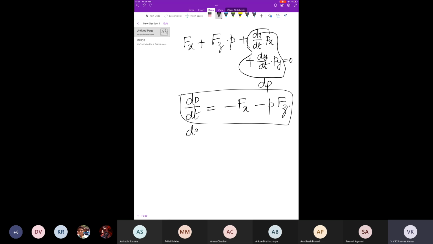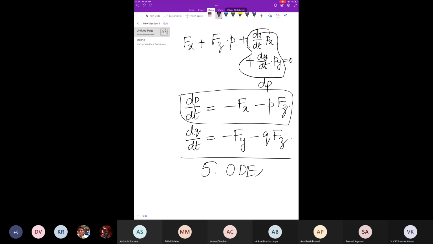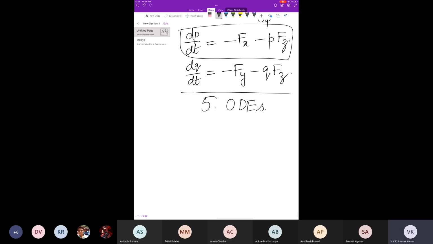Now similarly you can obtain dq upon dt by differentiating with respect to y. This will be uz. Okay. So we have now 5 ODEs. And what are the 5 initial conditions? Now we have to obtain 2 conditions for phi s and psi s.